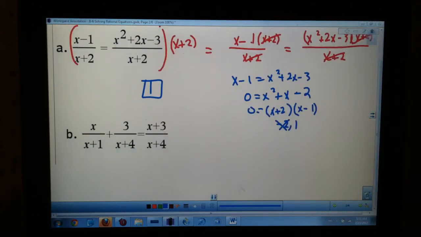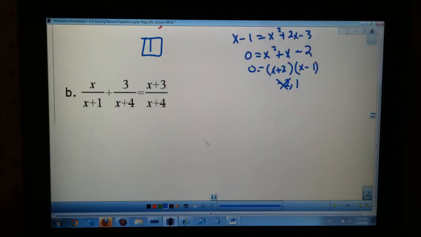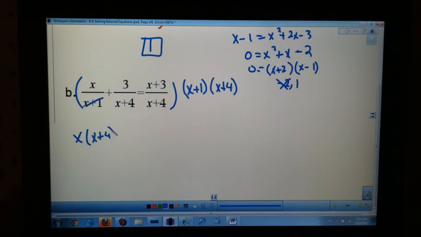Alright, looking at the next type then, a little bit more involved, we can see the common denominator is going to be x plus 1 and x plus 4. When I distribute this with the first one, instead of rewriting everything out, let's just look at what will cancel. This x plus 1 would cancel with that one, and so that leaves x plus 4 times x for the first one.